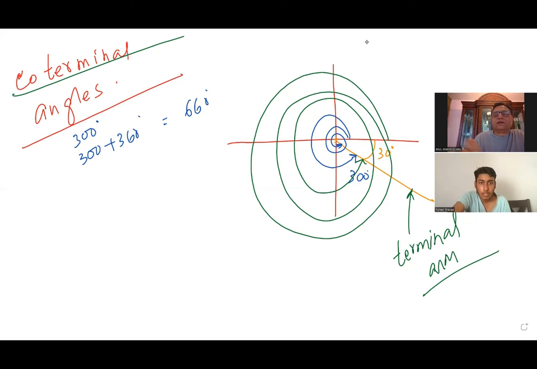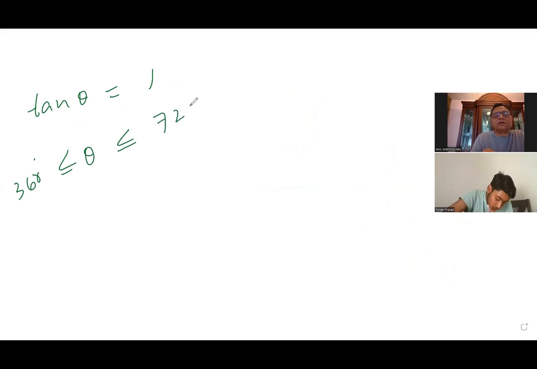So let me give you a question. Let's say tan theta is equal to 1, where theta is between 360 degrees and 720 degrees. Now find the answer.